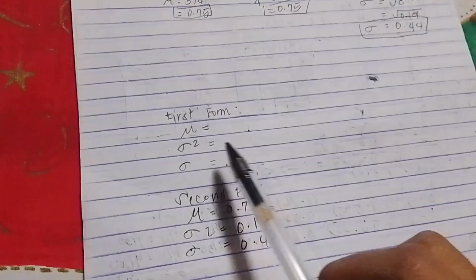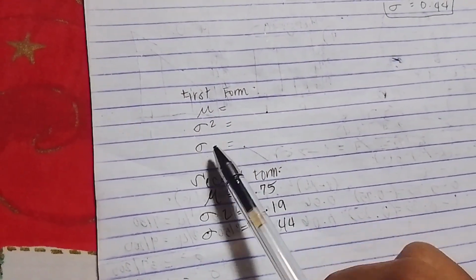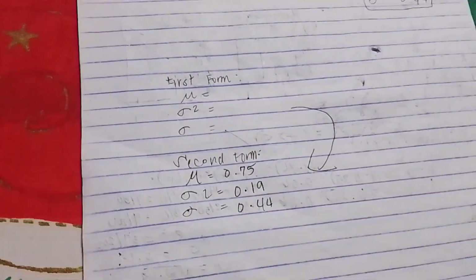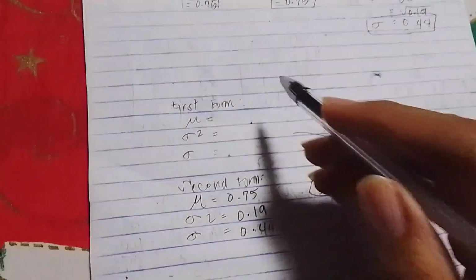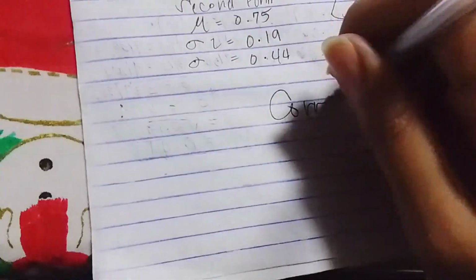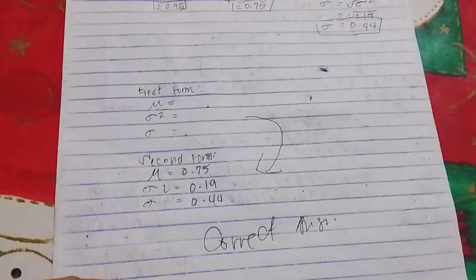Let us recheck our first formula answers for the mu, the variance, and standard deviation, if they correspond or are the same with the second formula. Finding them both accurate will lead us to the correct answer. Let us check.